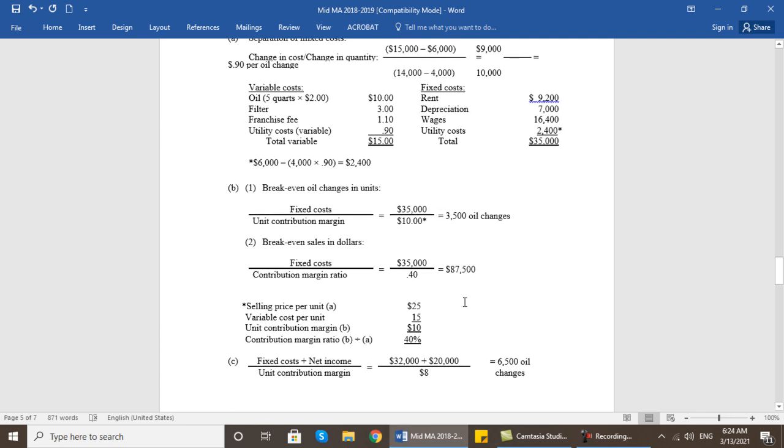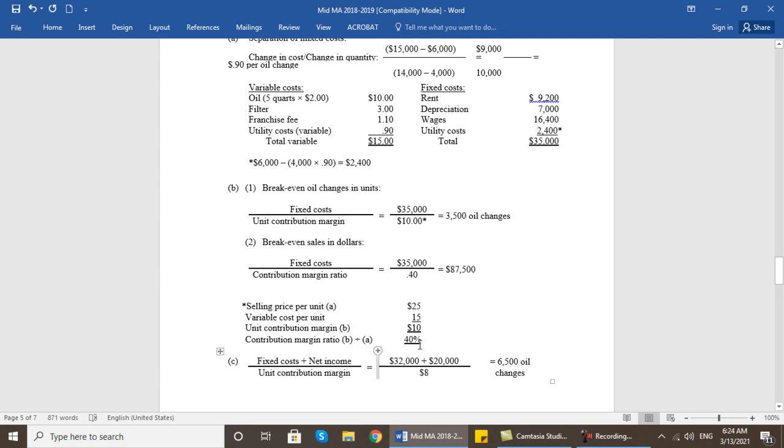In dollars, we break even in dollars. Here we use the contribution margin ratio. Contribution margin ratio, as you know: selling price 25, variable cost 15, unit contribution margin 10, as you see.